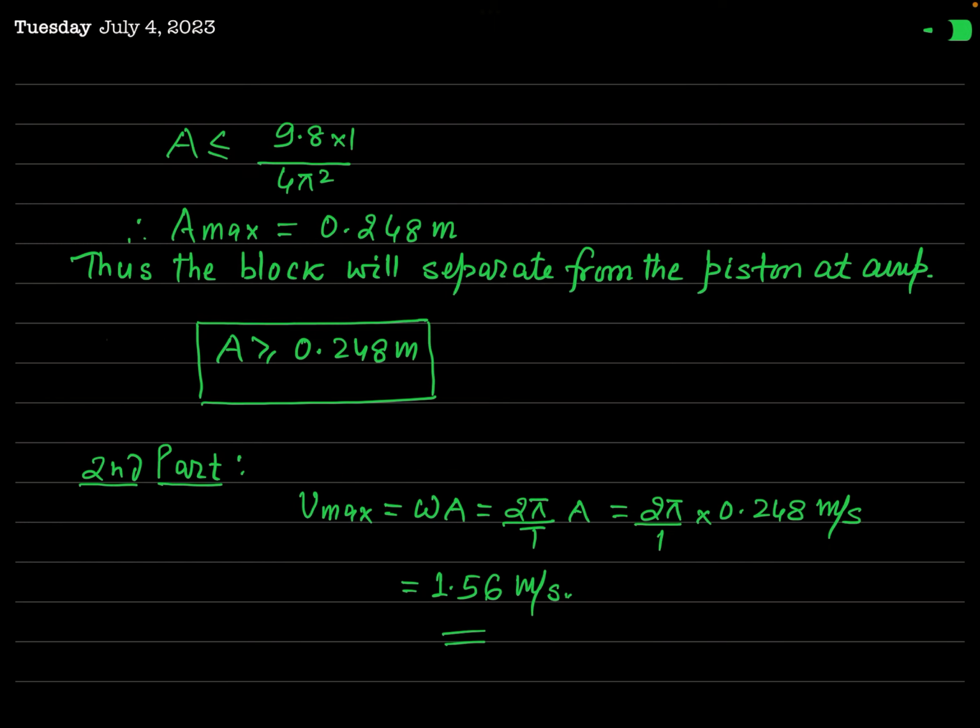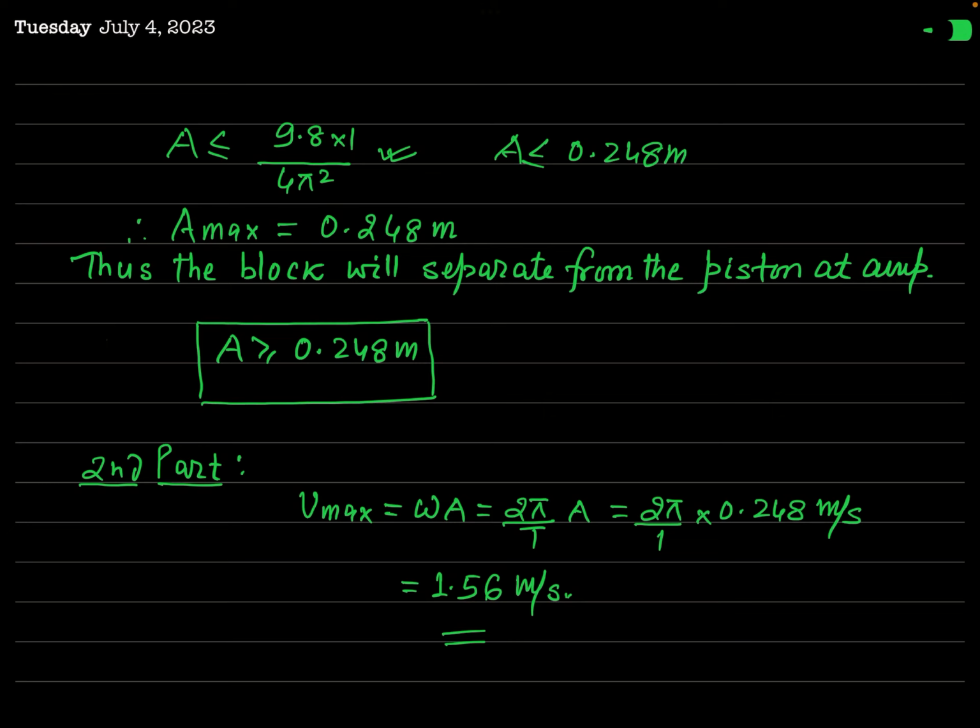Now let us substitute the numerical value. After substituting the numerical value, you can see that A should be less than or equal to 0.248 meter.